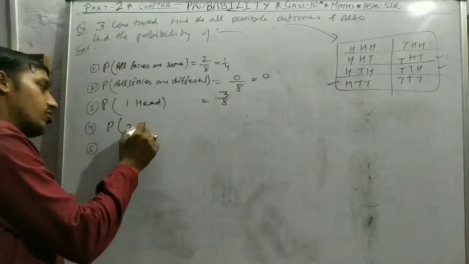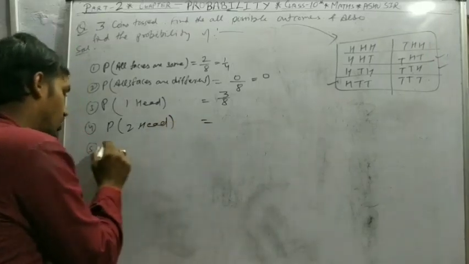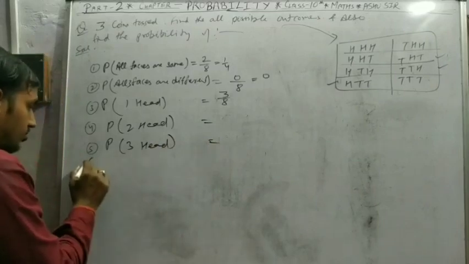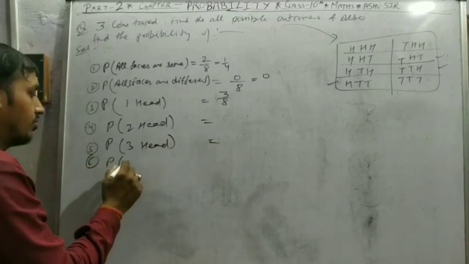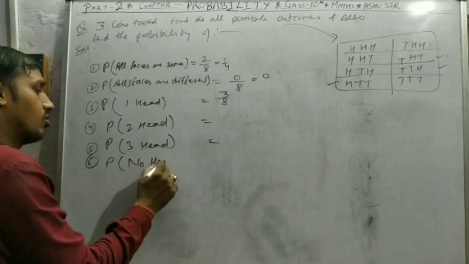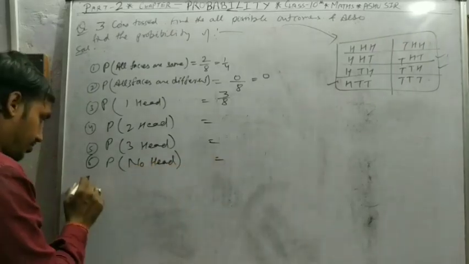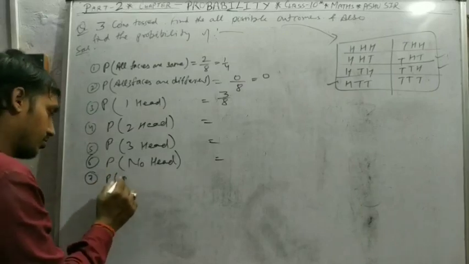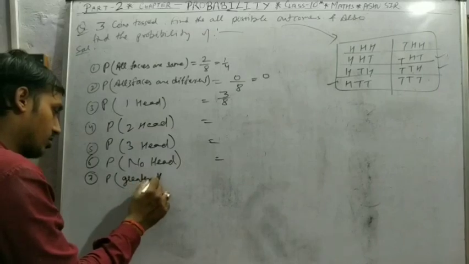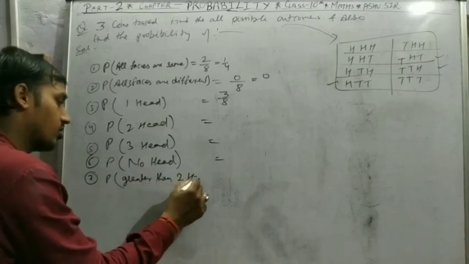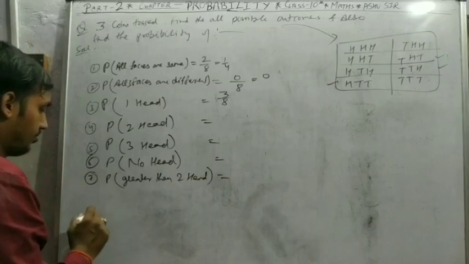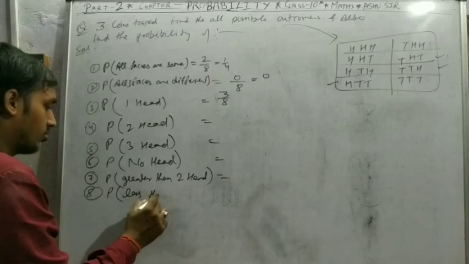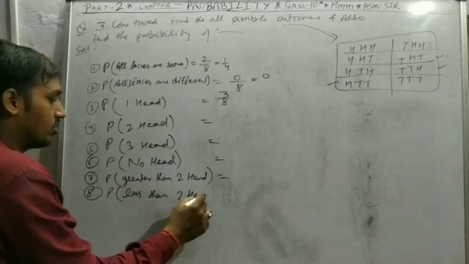Probability of 2 heads, probability of 3 heads, probability of no head, probability of greater than 2 heads, probability of less than 2 heads.